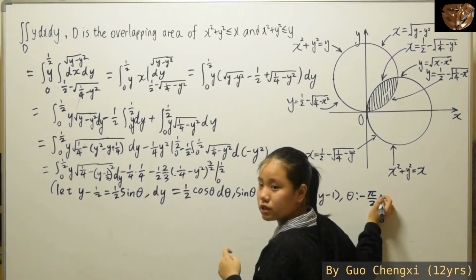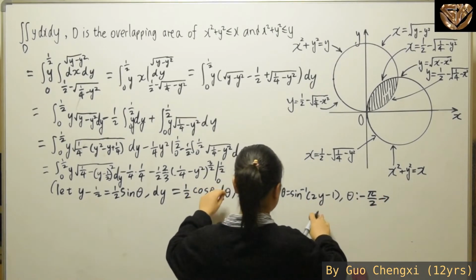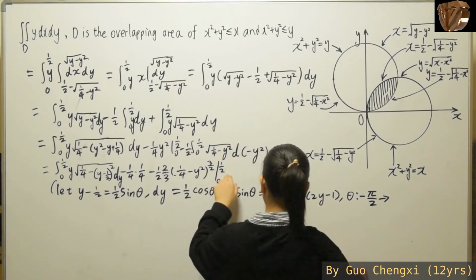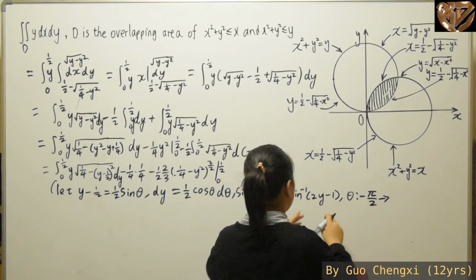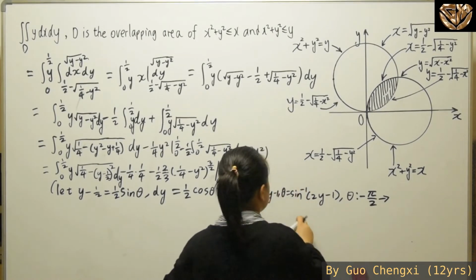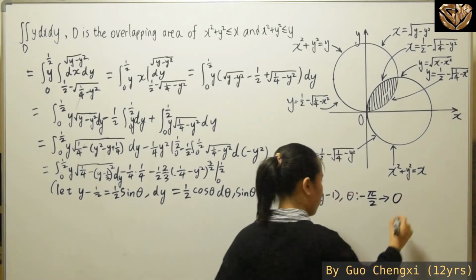And if you substitute half inside, what you're going to get is 2 times a half, which is 1, and 1 minus 1 is 0. So you're going to get inverse sine 0, which is 0.